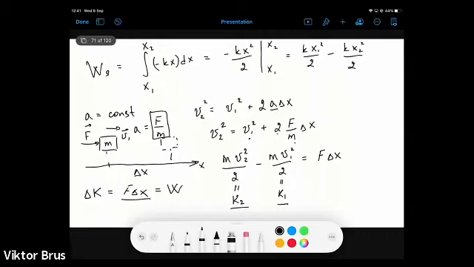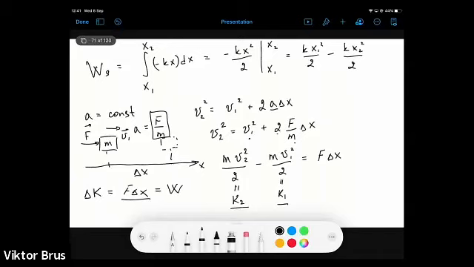So this simple equation gives us the so-called work-kinetic energy theorem, which states that if the only change of the body caused by the work done by a force is a change in its velocity, then the mechanical work done by the force will be equal to the change of kinetic energy.